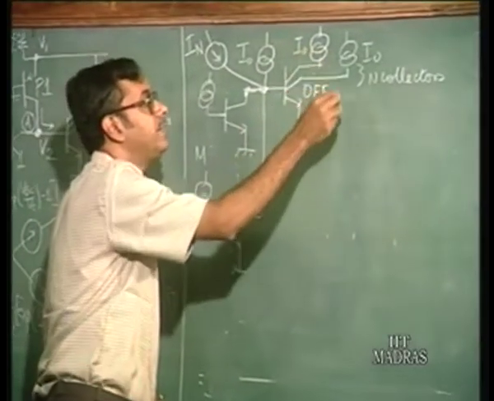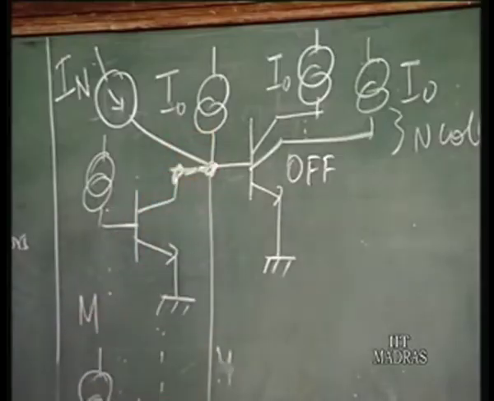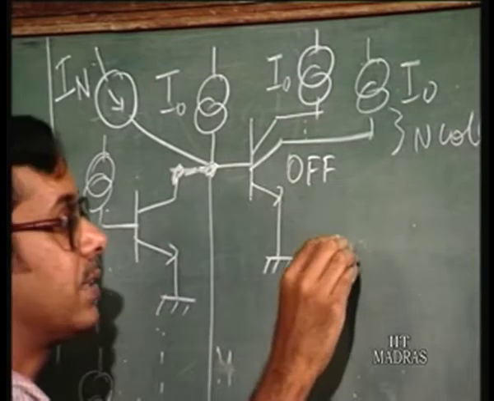If you have n collectors like this, the total collector current is n I naught.